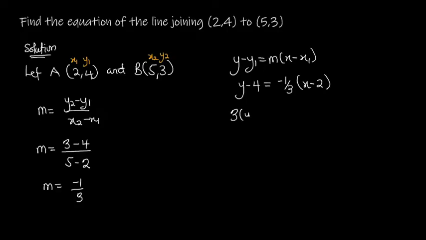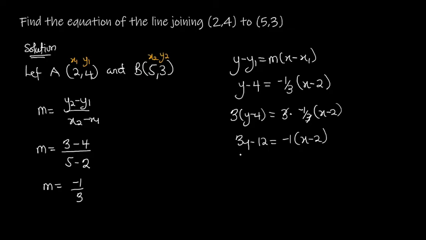So I use 3 to multiply each term over here. So I have 3 multiplied by (y minus 4) is equal to 3 multiplied by negative 1 over 3, then (x minus 2). So if I expand this, I have 3y minus 12 is equal to, this will cancel this, so I'm left with negative 1 into bracket x minus 2.